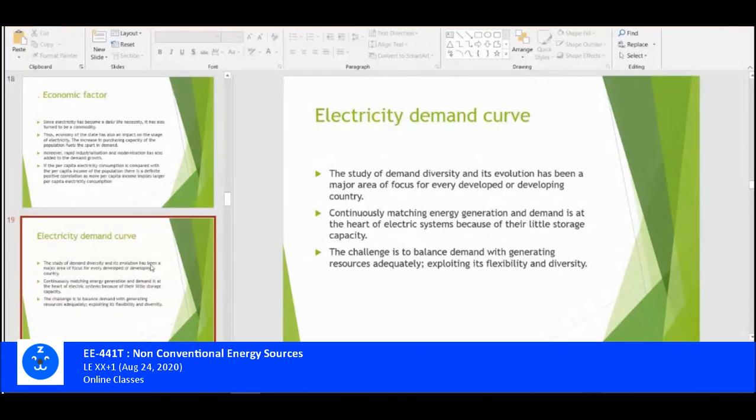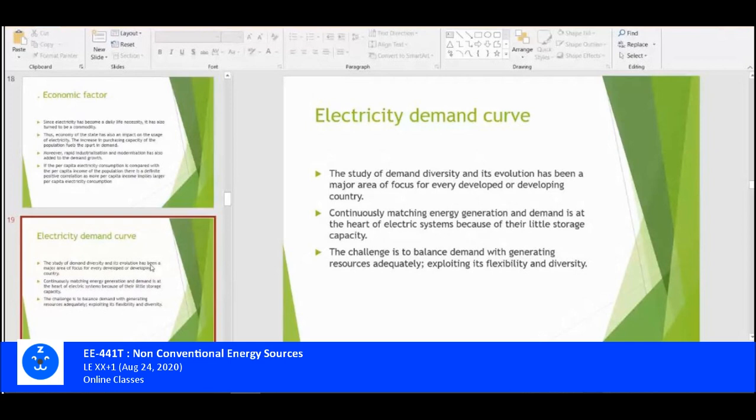Electricity demand curve. So previously we had a lot of discussion on load curve. Now, electricity demand curve. The study of demand diversity and its evolution has been a major area of focus for every developed or developing country. Continuously matching energy generation and demand is at the heart of electric systems because of their little storage capacity.